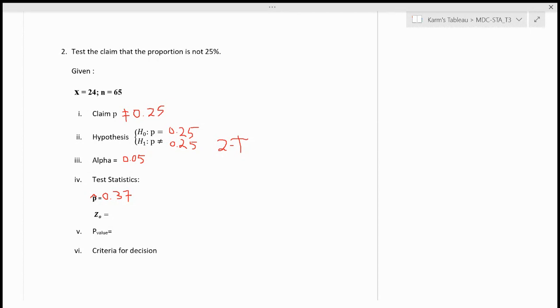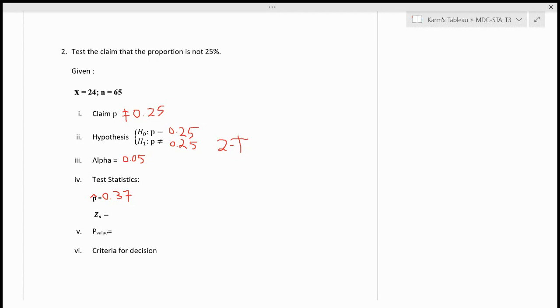When I check it, it doesn't give me 0.369. Oh, 0.369, okay. 0.369 will be for the p hat. Okay, thank you, I got that. Or 0.37, that is the same thing.